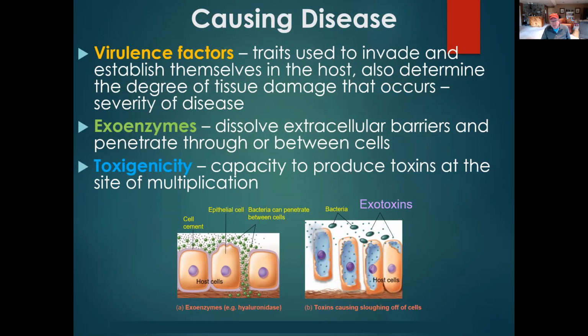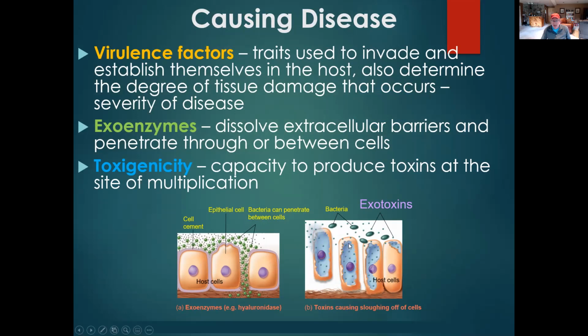The capacity to make toxins at the site of multiplication, or toxogenicity, can sometimes occur as a result of these exotoxins being produced. So here again, we've got bacteria shown in sort of a dark green. And what's taking place?